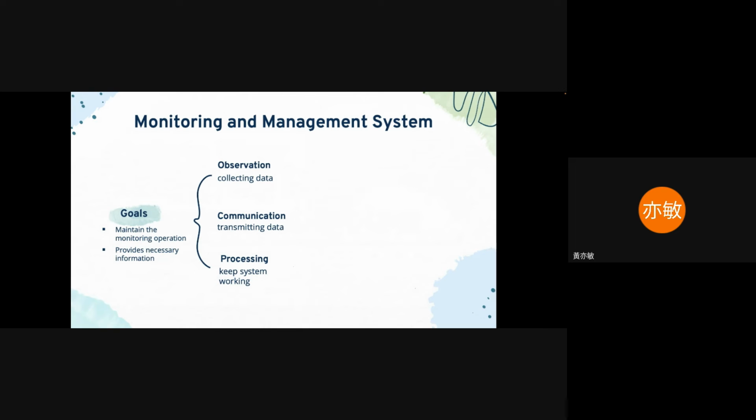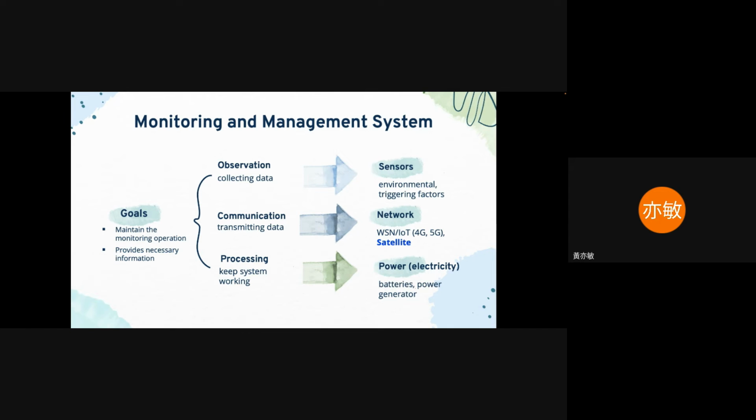So for monitoring debris flow, these are our goals. We want to collect data. We need the data to come back from the site to our emergency operation center, and then we need to make decisions. So we rely on the sensors. We rely on a reliable communication network.